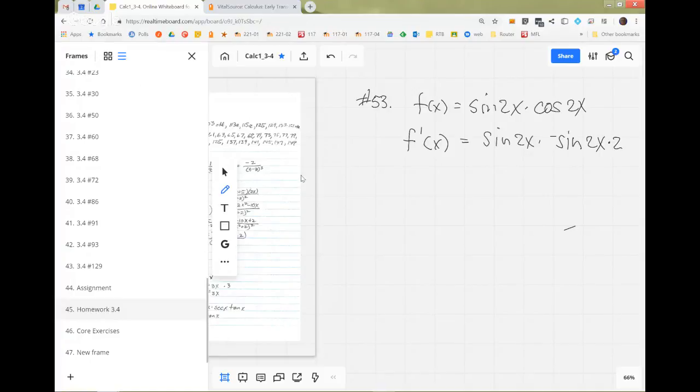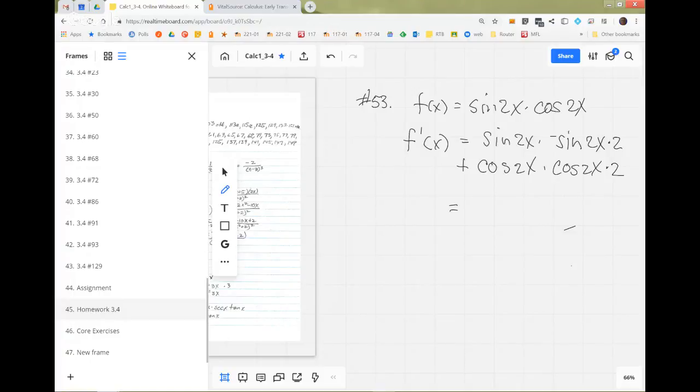I'm going to use the second line here so we don't have to stretch this out too far. So that's the first times the derivative of the second plus the second times the derivative of the first, chain rule. Okay, so what do we got?